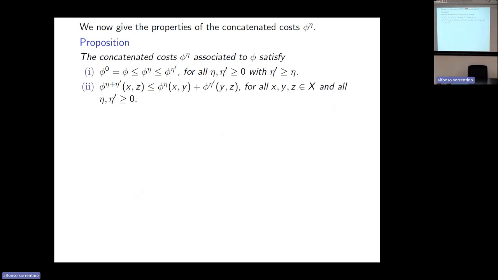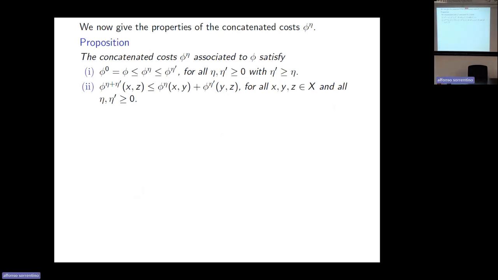And you have a triangle inequality: phi eta plus eta prime of xz is less than or equal to phi eta of xy plus phi eta prime of yz.